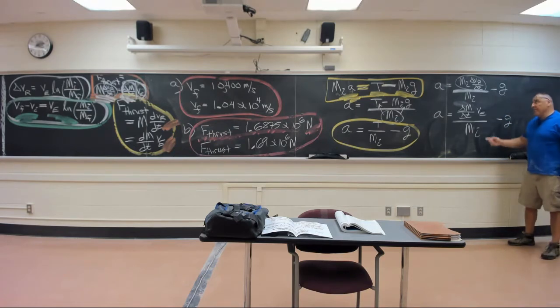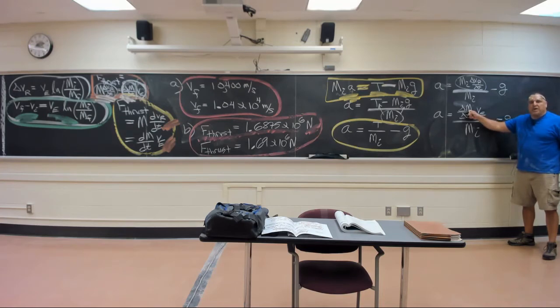Well, you remember this one. Delta M was 100,000 kilograms of initial mass minus what the mass was finally, which was only 10,000 kilograms. 100,000 kilograms minus 10,000 kilograms is 90,000 kilograms.